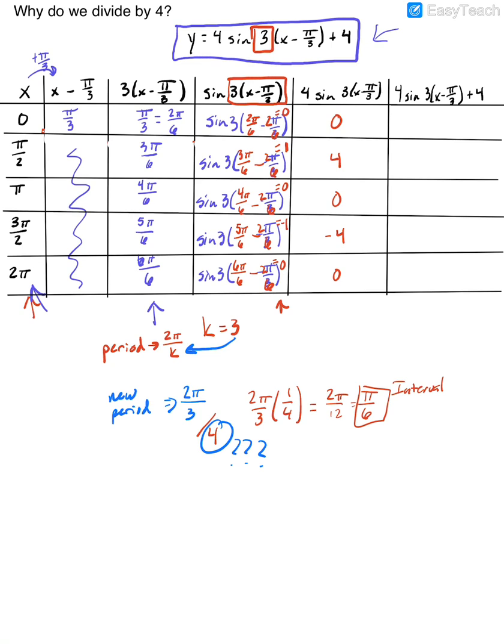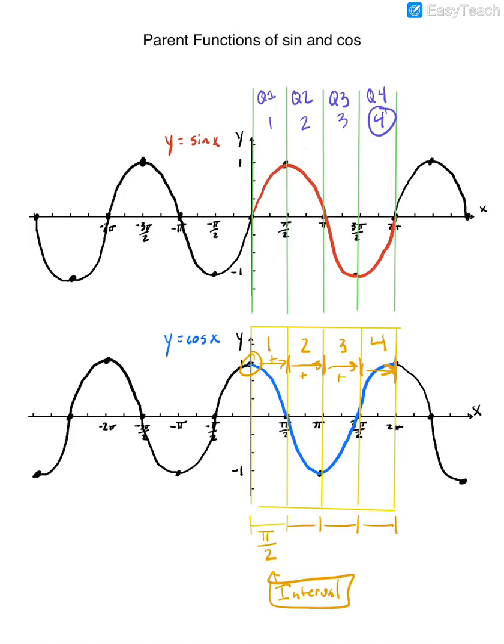But then afterwards, doing the simple steps of like multiplying by the amplitude and then adding or subtracting the vertical shift makes life so much easier when you're trying to graph. Okay? So that's why we divide by 4, is because we're trying to break this up into nice, even sections that are just naturally happening in your sine and cosine graphs. That's it.